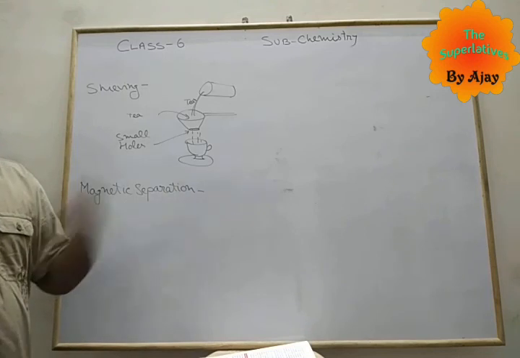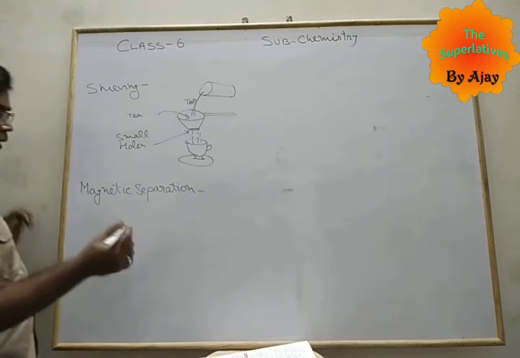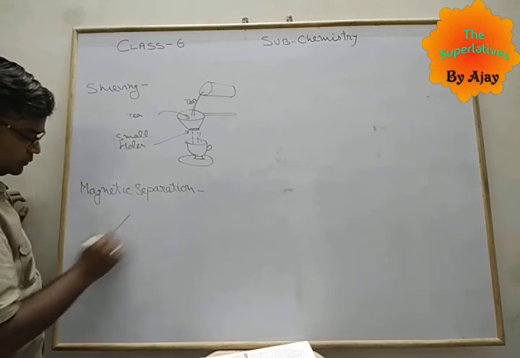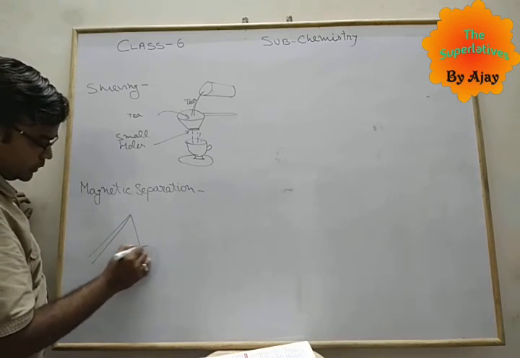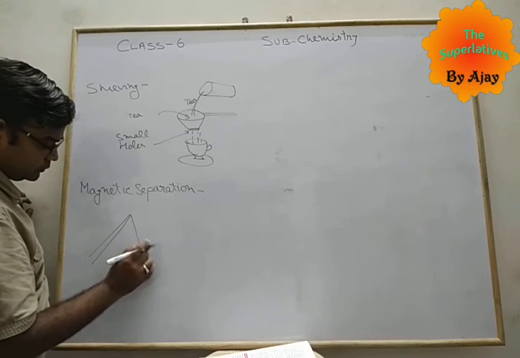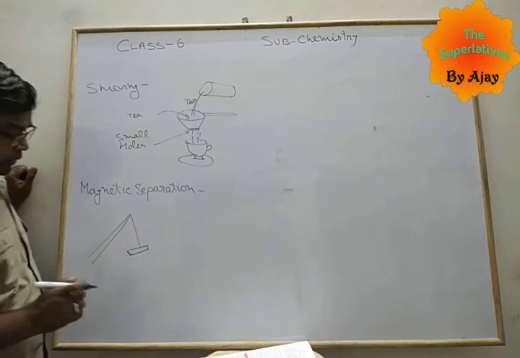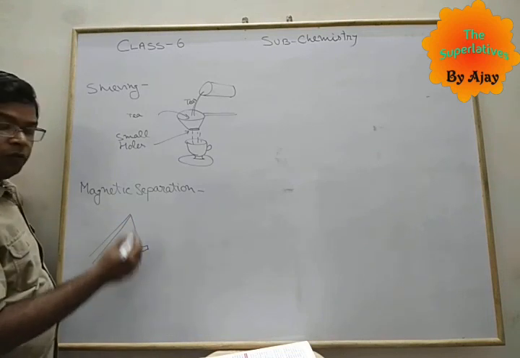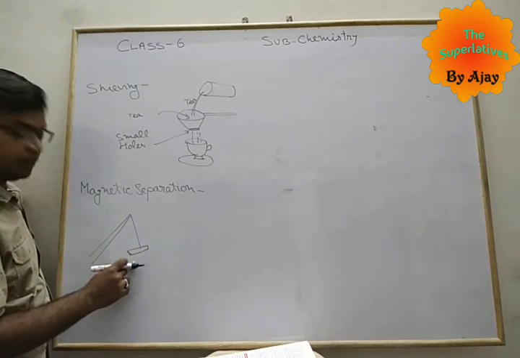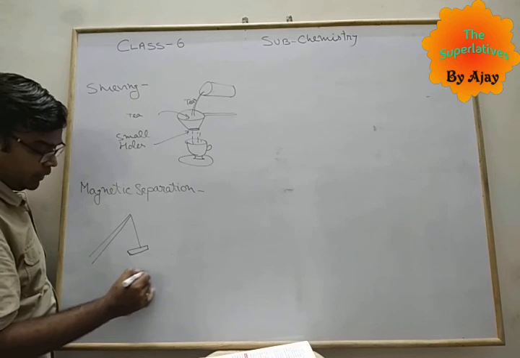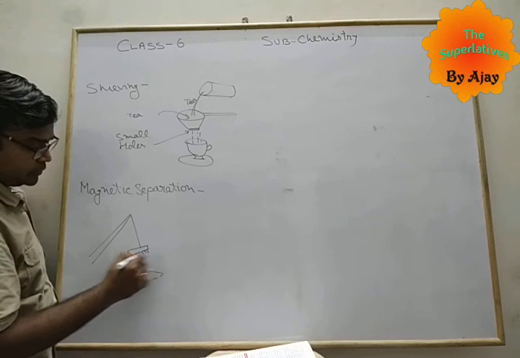You must observe in the case of electric current, some electromagnet is hung with a crane, and when we start the electric current, this electromagnet becomes active, and from the heaps of different material, it attracts only the iron pieces. So this is magnetic separation.